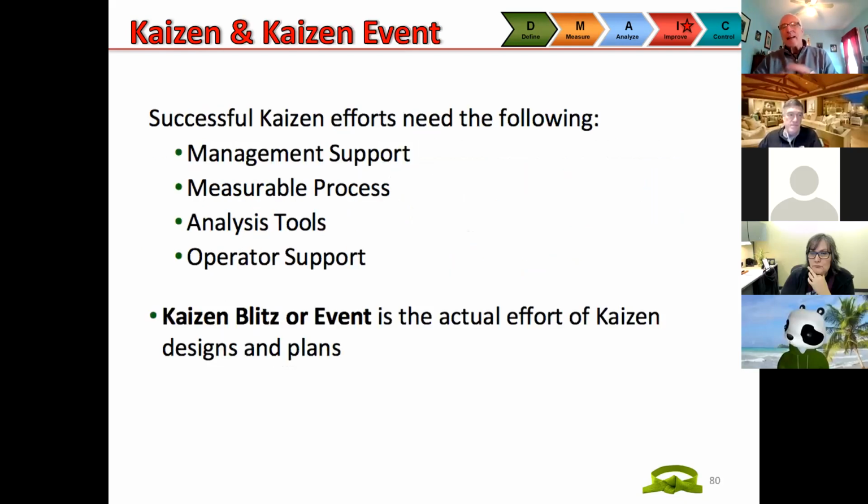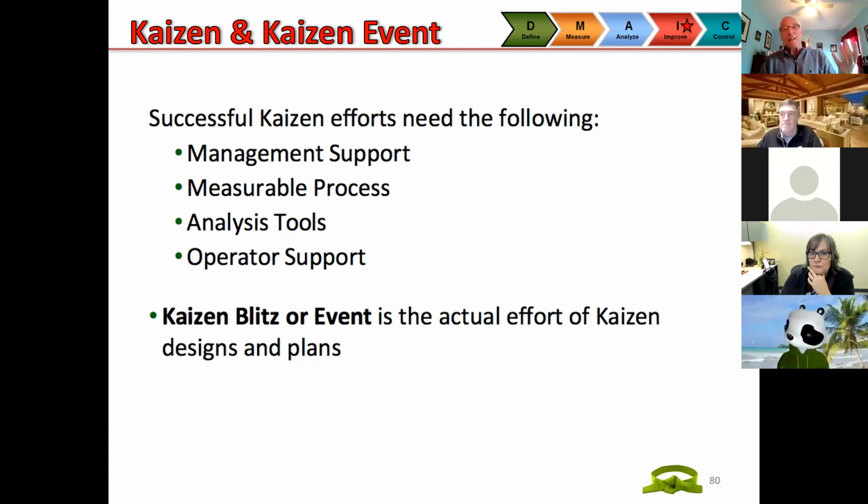So the idea when you hear the word Kaizen, people think of Kaizen events, where they're 4 days long, full time. You have 12 or 13 people on the team and they go after a particular area or particular problem. The issue I always had with those was we always have a to-do list afterward that we never get to.